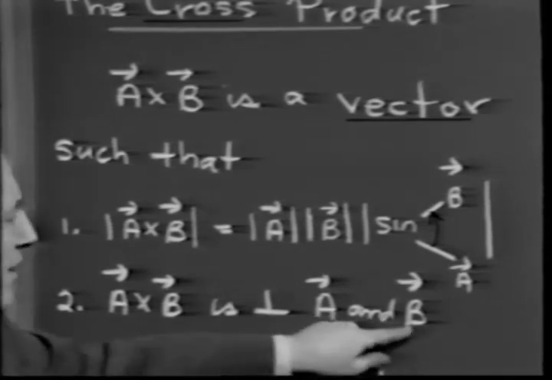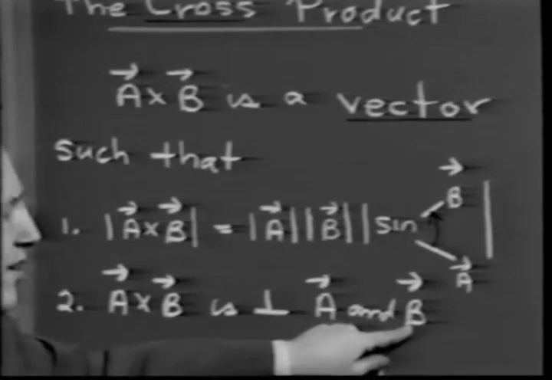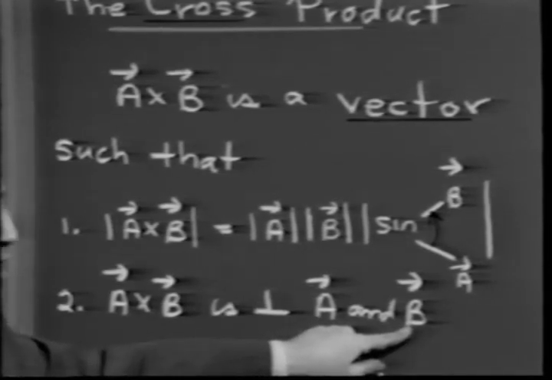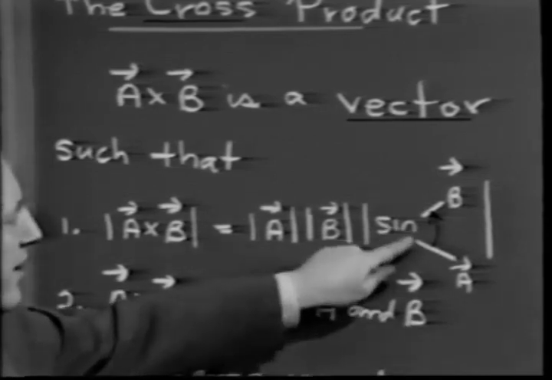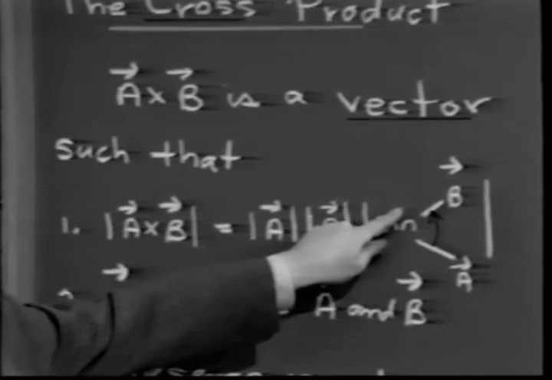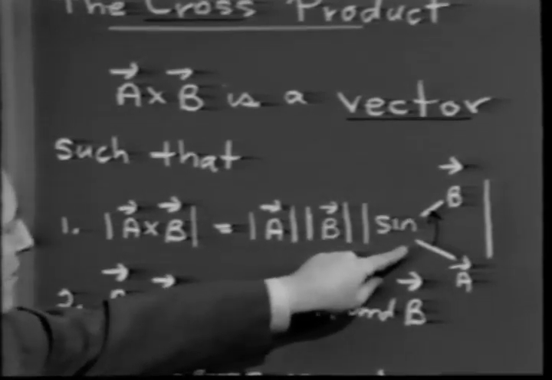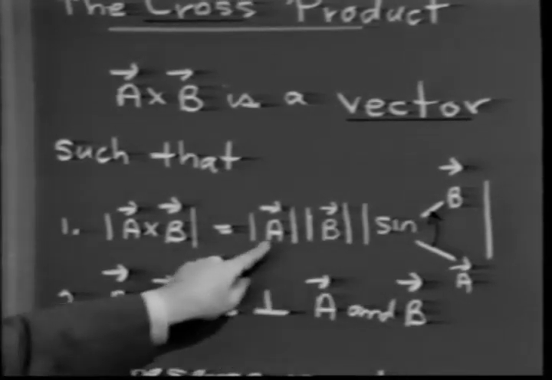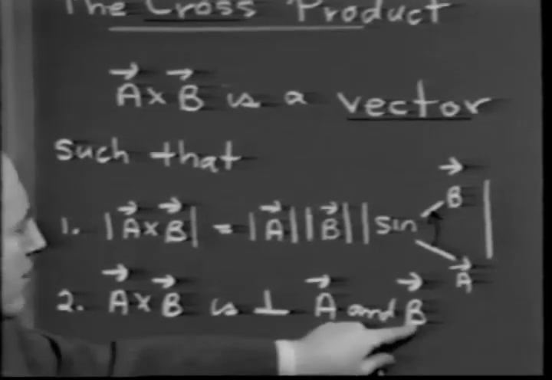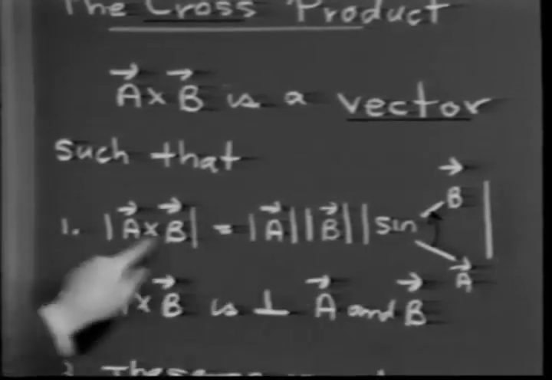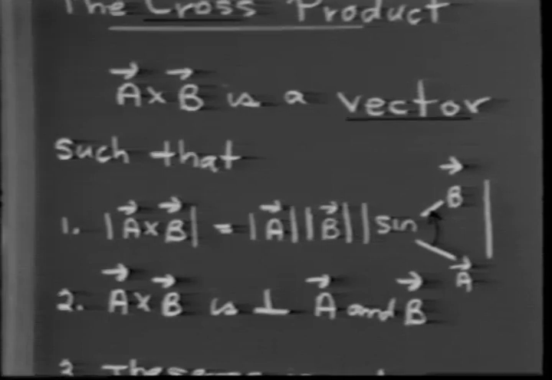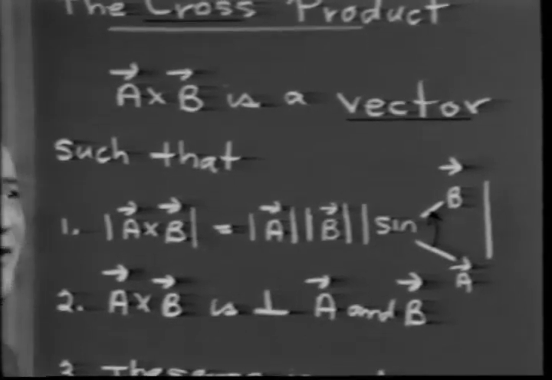But if A and B are parallel, the angle between them is 0 or 180, depending on whether their sense is the same or not. Once the angle is either 0 or 180, the sine of that angle is 0. Once one of the factors here is 0, the whole product is 0. So in the event that A and B do not determine a plane, the magnitude of A cross B is 0, which means that A cross B is the 0 vector, and that's a pretty trivial situation, so we just won't even worry about that.